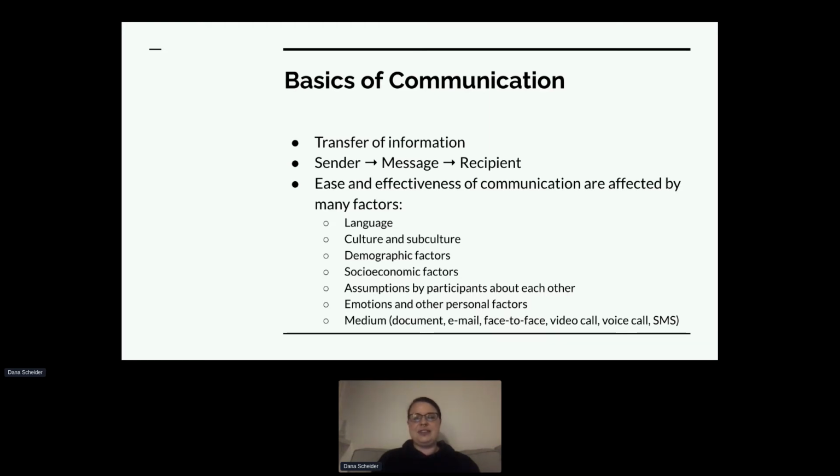In a face-to-face context, you would be able to see someone's facial expressions, someone's behavior. In a voice call, maybe you couldn't see those things. So it's important to choose the right medium. Here we're going to be talking about written media, of course, and these could be a lot of things. So I'll get into that in a minute.